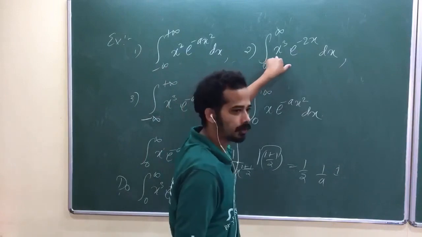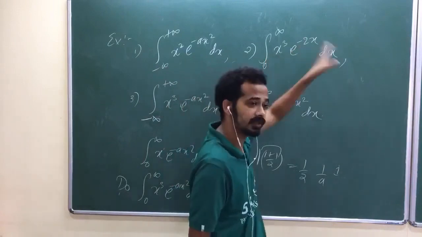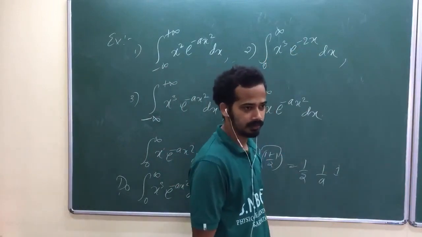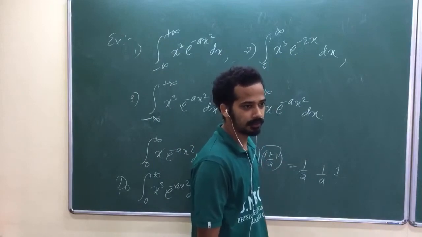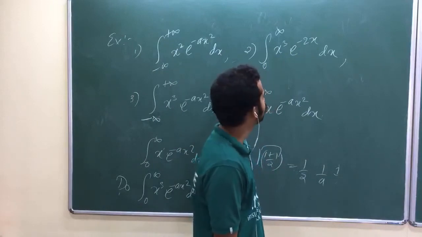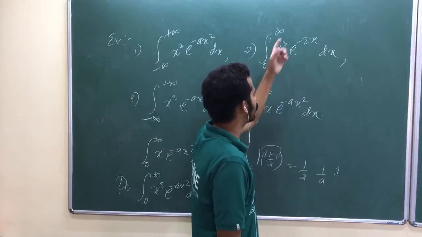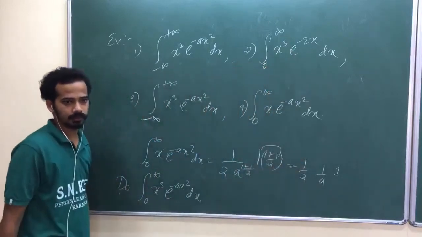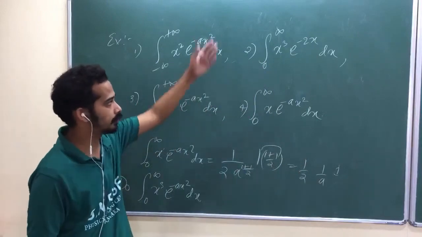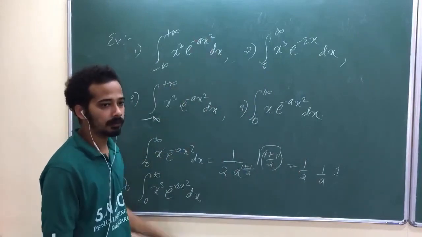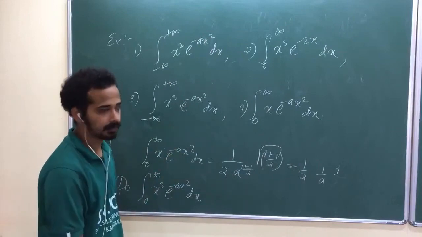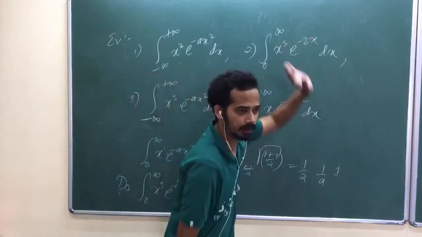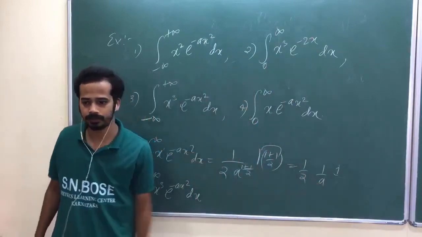Look at it, x cube is odd, but e power minus 2x is neither even nor odd. I get my point, that is neither even nor odd. We will not work with minus infinity to plus infinity because it will diverge actually. You can integrate only between 0 to infinity. I mean, the area under the curve will become infinity. Because again, if you plot this one, you will understand. Try to plot that one using GeoGebra.